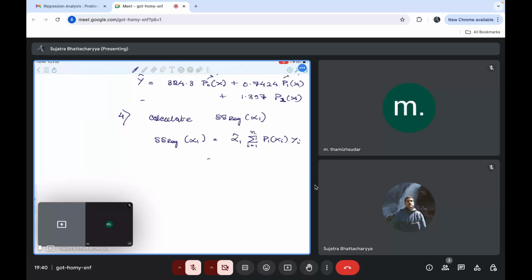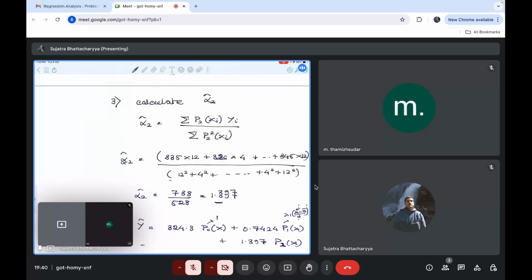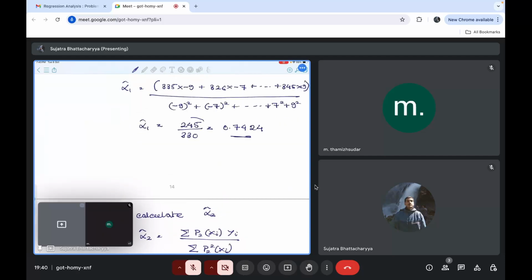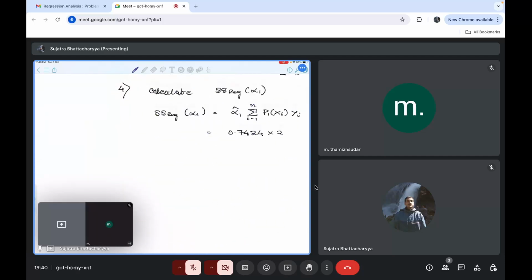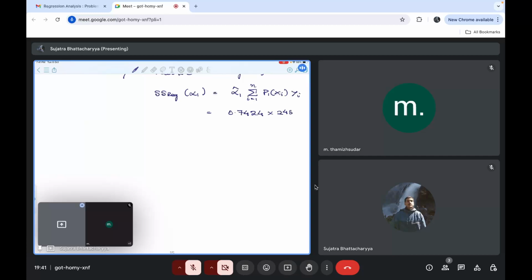Alpha 1 we have calculated, and this is also calculated here. So this will be 245 into 181.89.